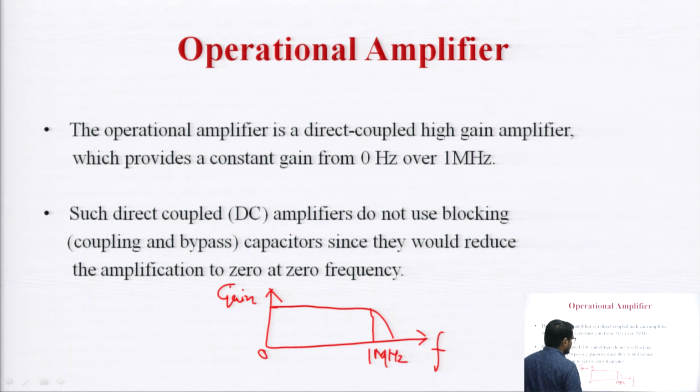So the first point says that it is a direct coupled high gain amplifier, because it covers the frequency f equal to 0 and the gain will be constant over the 1 megahertz frequency.